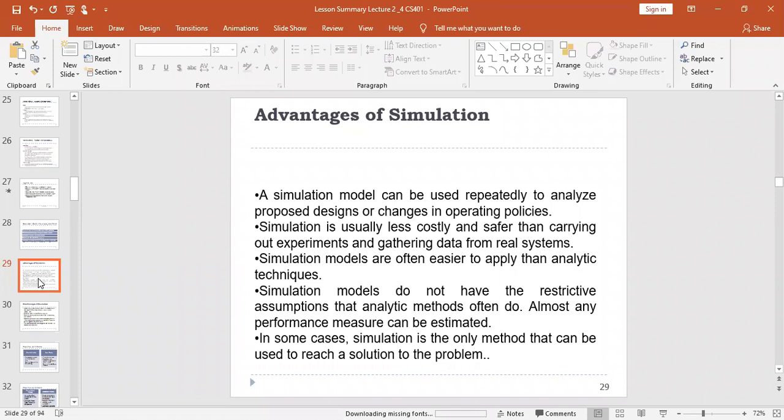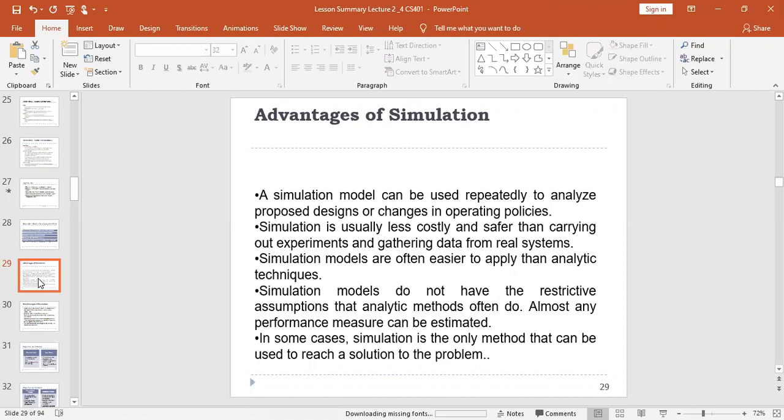Simulation models do not have the restrictive assumptions that analytic models often do. They have assumptions though, because they are also mathematical models, but we can always study even the behavior under certain circumstances. So assumptions are a bit flexible.